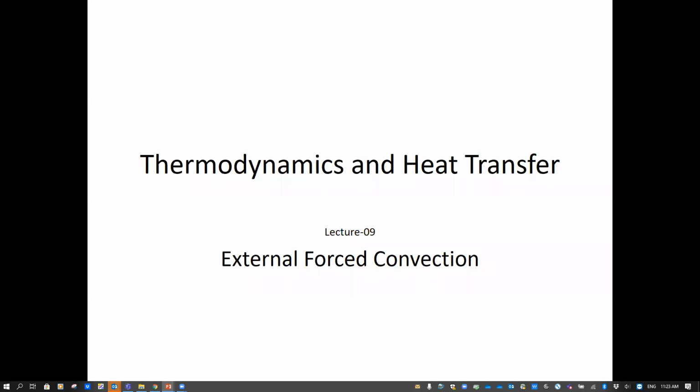Forced convection, we use energy and a machine to transfer heat from lower to higher. Not like this. Actually, we are using a device to force the flow over a certain surface.